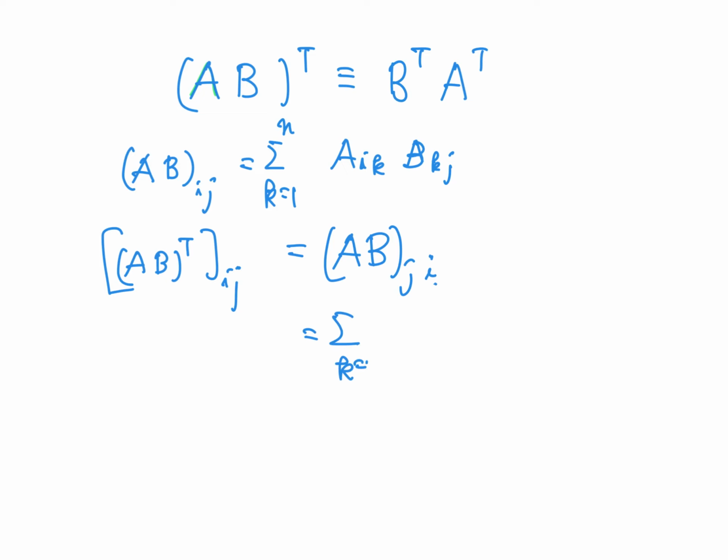So it's the sum of k equal to 1 to n of A_jk B_ki, right?